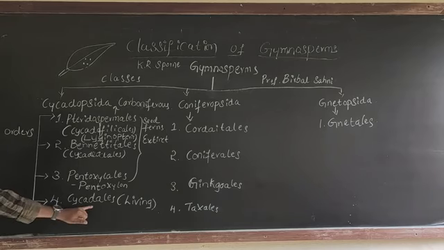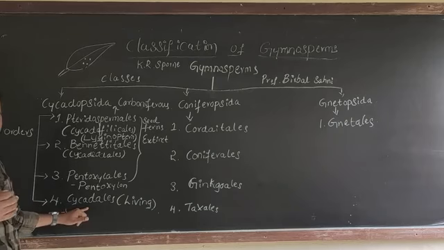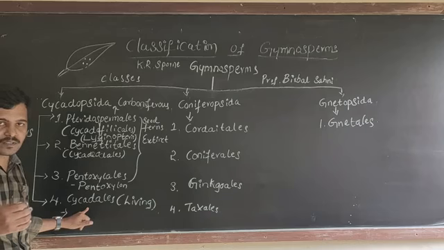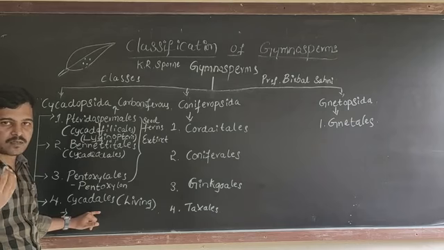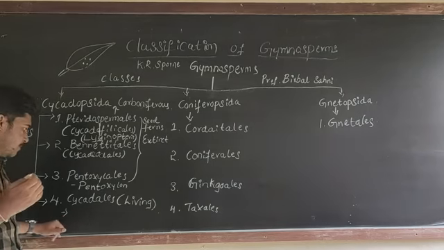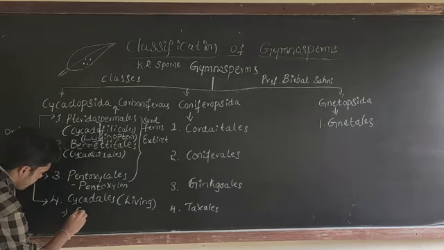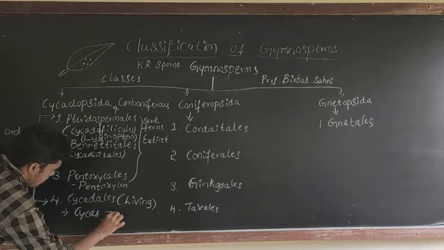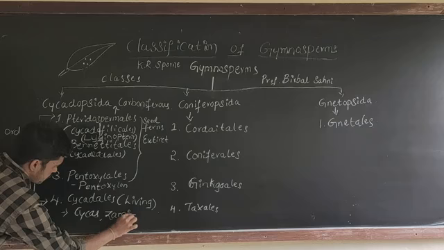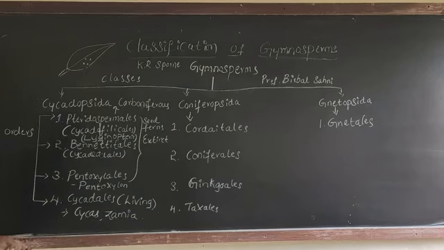Even in Cycadales, the stem is unbranched, and the stem usually bears compound leaves, which are present in the form of a crown at the top of the stem. The best examples for this are Cycas and even Zamia. So this is about the order Cycadales.